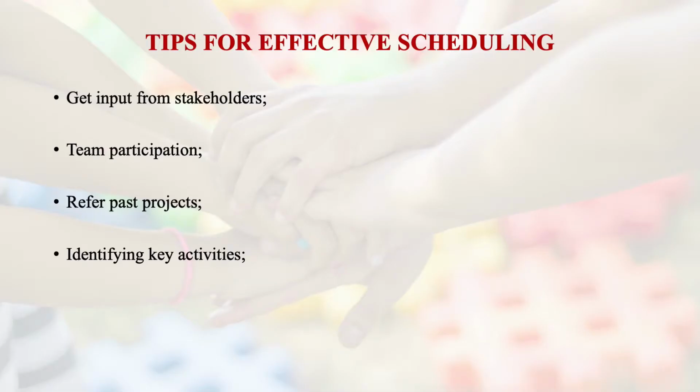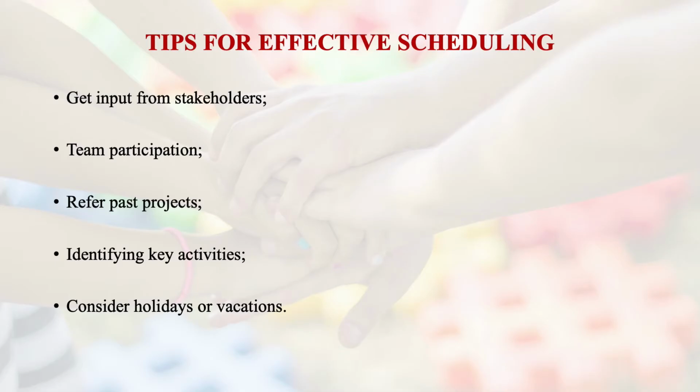Identifying key activities is very, very important. If you are not able to do that, your schedule is going to fall behind or go haywire, or you may end up wasting a lot of resources. Consider holidays and vacations also.